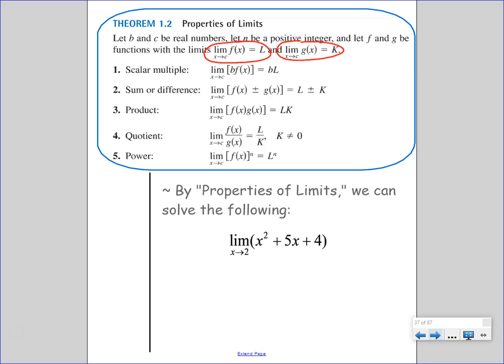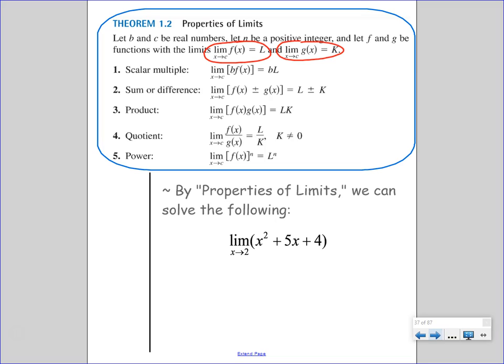They had to prove, and that's why pure mathematicians just think differently. It's all the behind the scenes stuff. So these properties had to be proven separately. They were, so we can use them. It allows us not to have to look at the graph or know what the graph looks like. It allows us to work piece by piece through a limit.